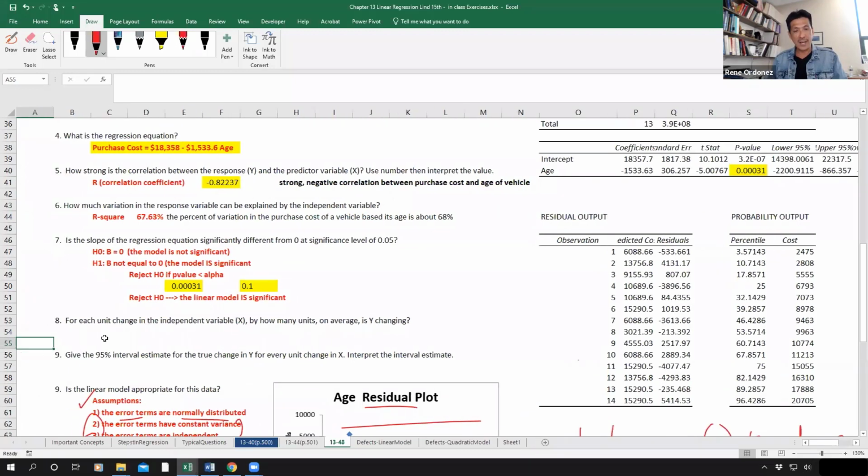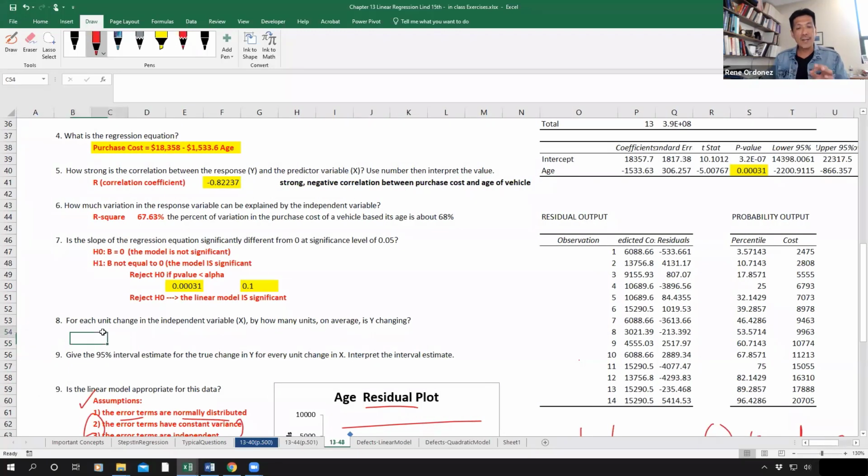Okay, for question 8, it says for each unit change in the independent variable, age, by how many units on average is y, the cost of the vehicle, changing? Okay, we answered that question already. It is $1,533.6.